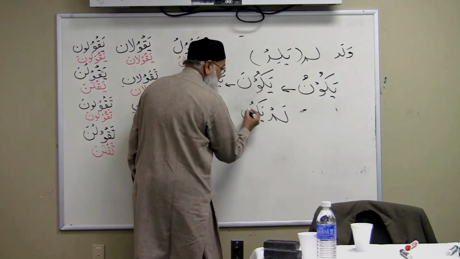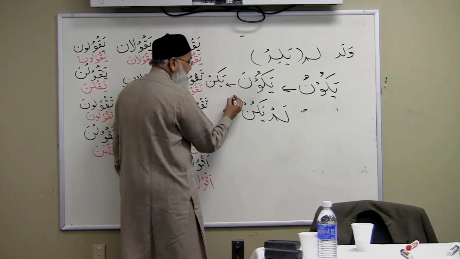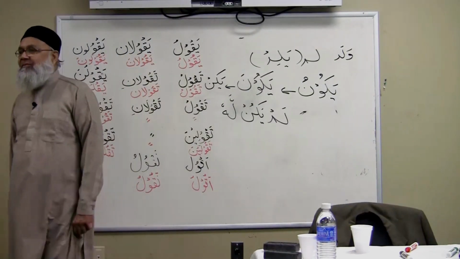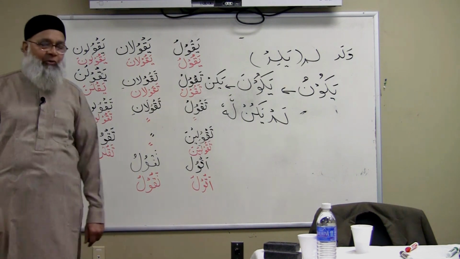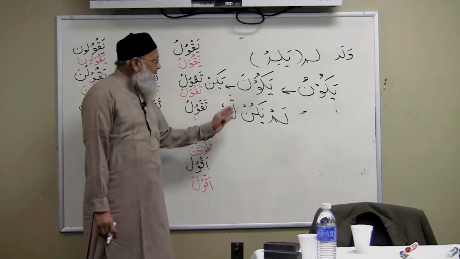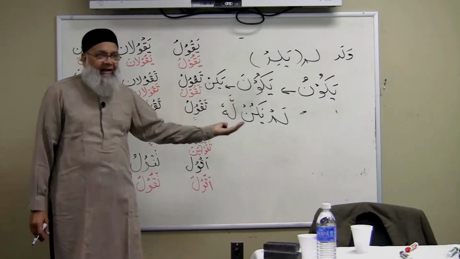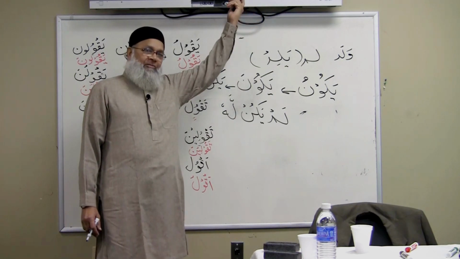Lam yakun lahu, which according to the Yarmulun principle will become yakul lahu. Tajweed is involved. Yeah, the Yarmulun principle will come and it will be read so. It is actually lam yakun lahu, يكون له. But in reading, it will be lam yakul lahu kufuwan ahadun.